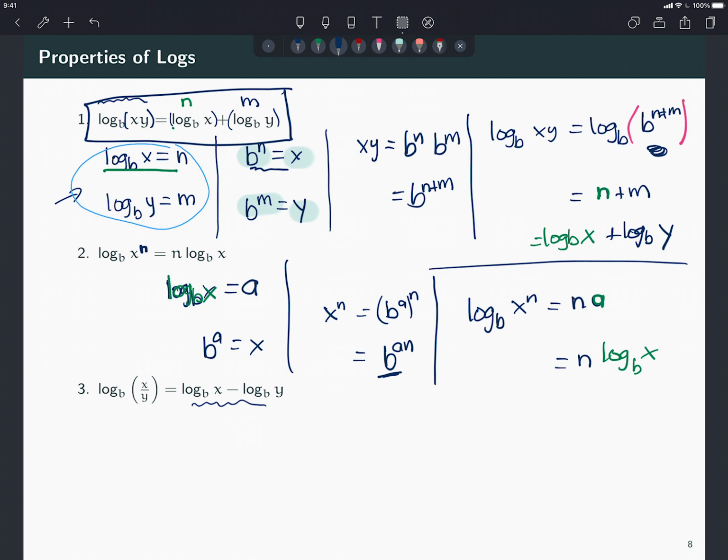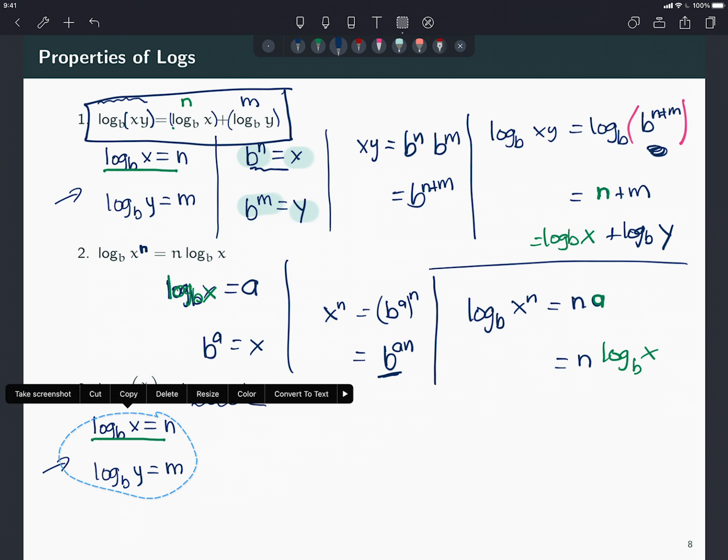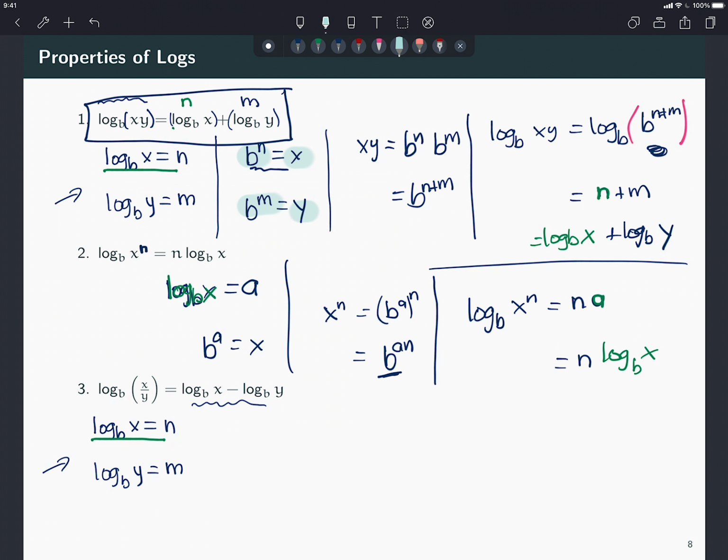If I call the log base b of x equal to n and the log base b of y equal to m, now what I want to do is find the log base b of x over y. Again, this means that the base b raised to the power of n gives you x, and the base b raised to the power of m gives you y.